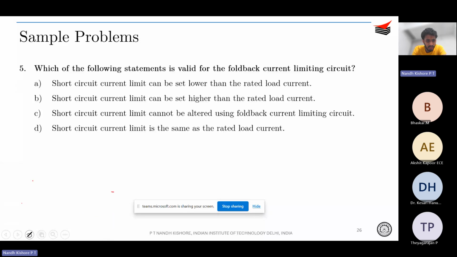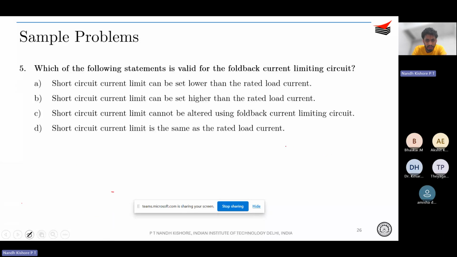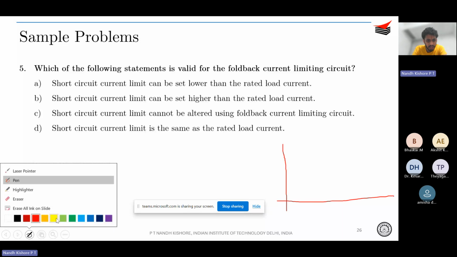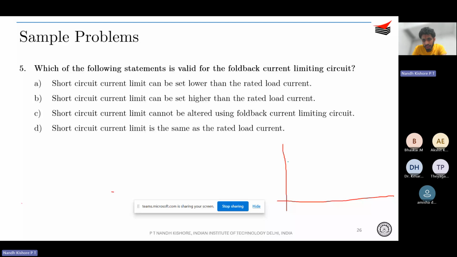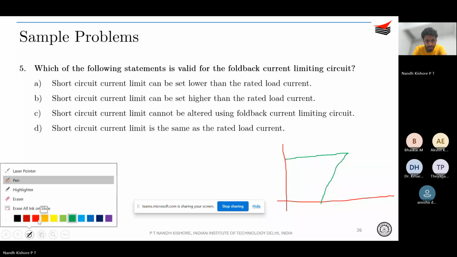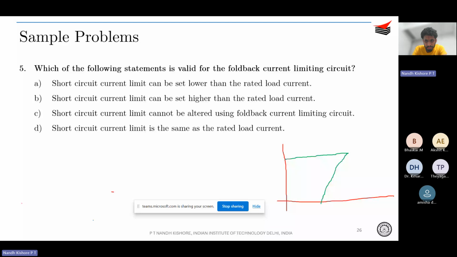You would have studied something like, okay, today I don't have the pen, so I can't really draw over here, but you would have studied that the current limit is something like, you maintain a fixed V naught till I rated and it comes down something like this.